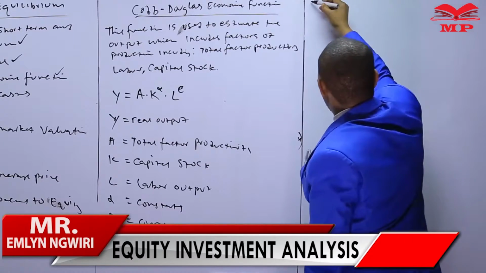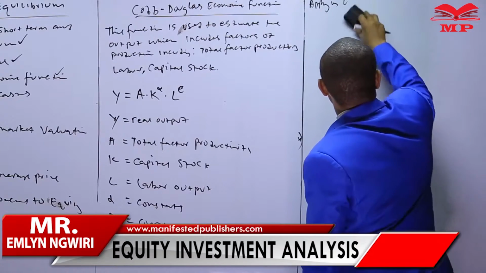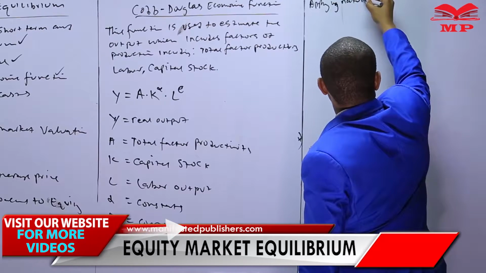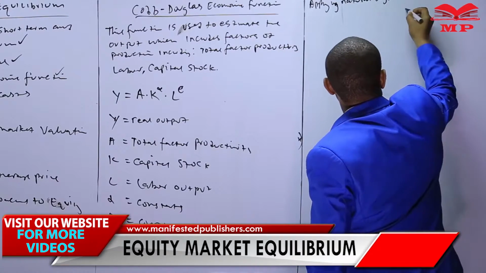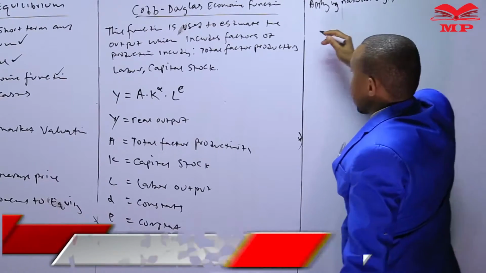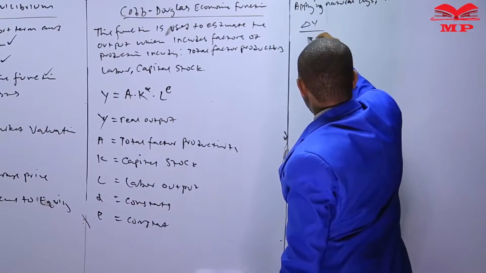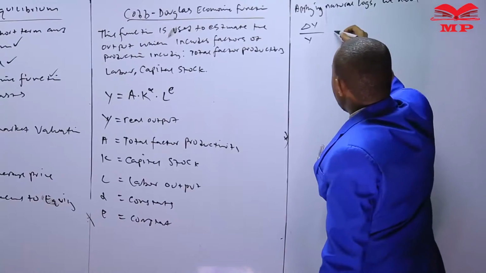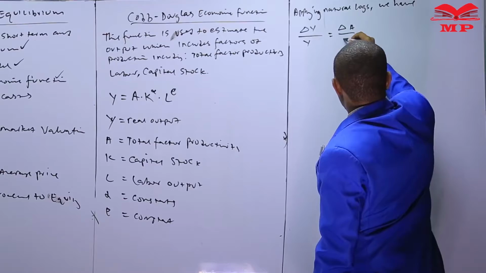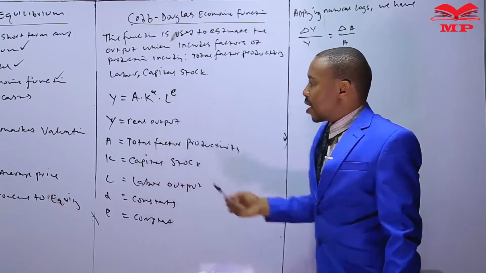So applying natural logs, we divide each component. We have change in Y over Y, which is given as change in A over A. Remember, we're applying natural logs, so the power comes down.